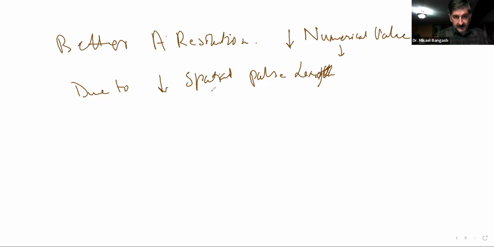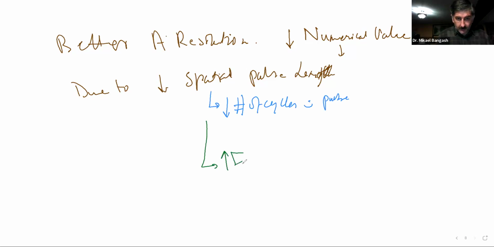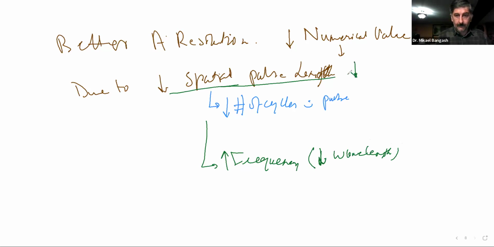which is going to be due to two things. Either we have a lesser number of cycles in the pulse, or, what your book says, a higher frequency. But just keep in mind that this higher frequency actually means we have a shorter wavelength, which will cause the spatial pulse length to be low.